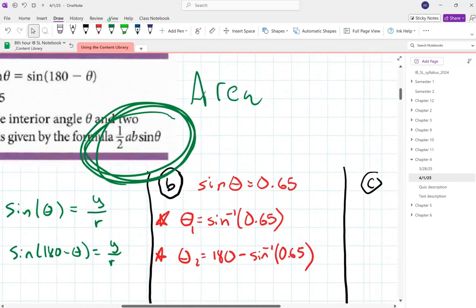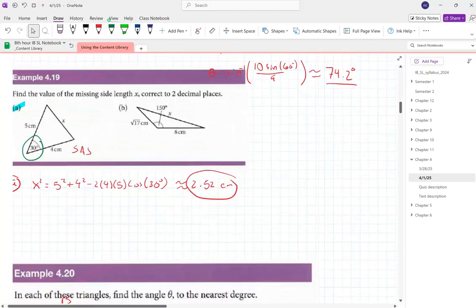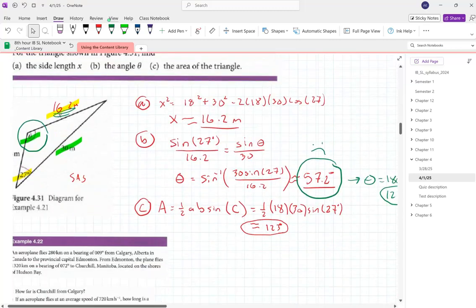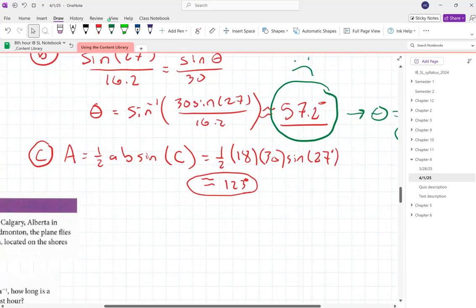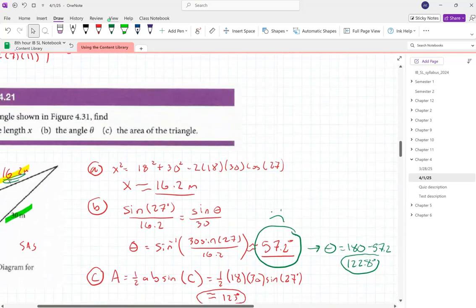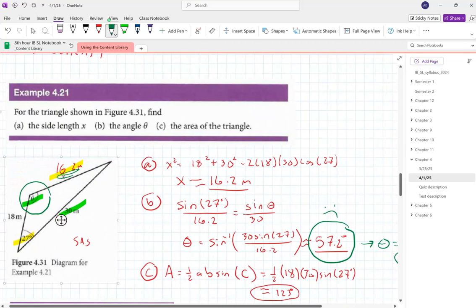There's no x squared I see anywhere. Oh, I meant like part A. Oh, that was just the law of cosines, because we're not finding an area, we're finding a side length. Is that cool? Yeah. Okay.